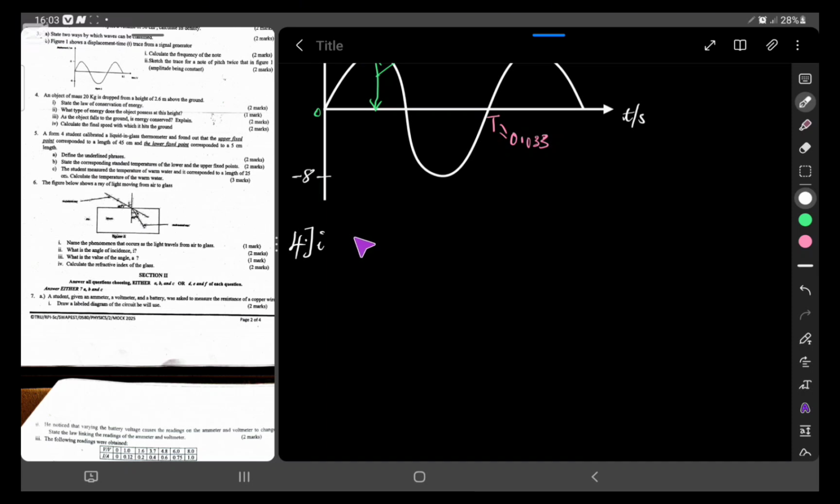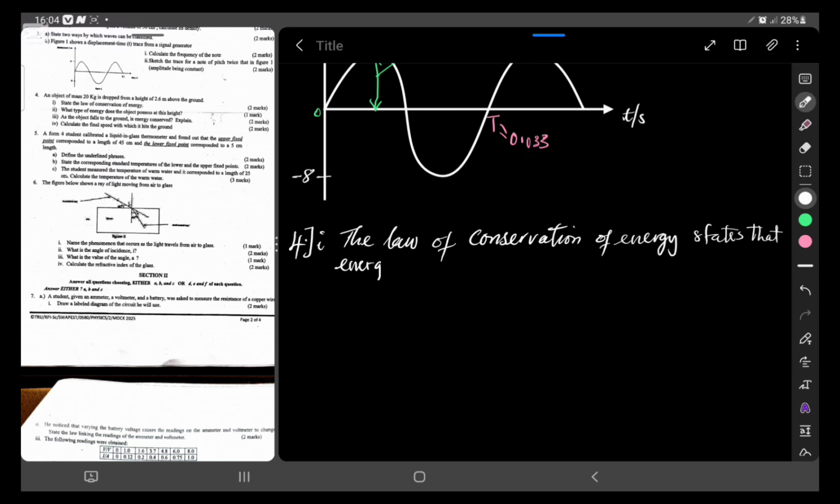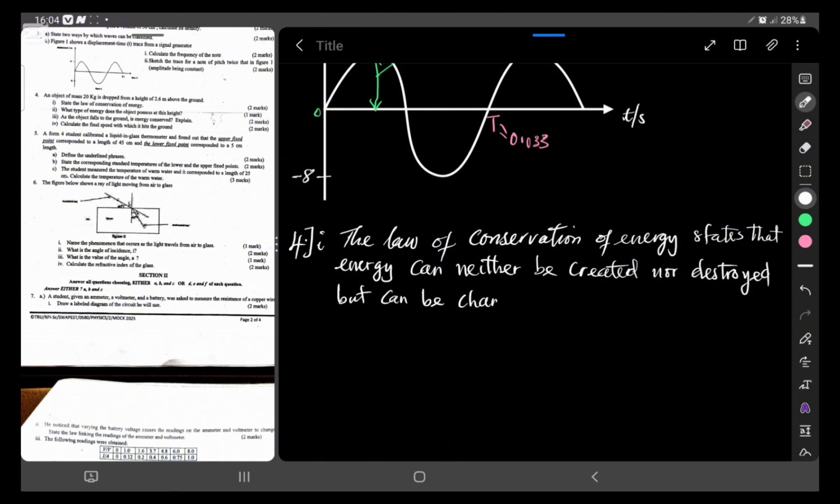Writing this down, we see the law of conservation of energy states that energy can neither be created nor destroyed, but can be changed from one form to another. Take note, to change energy from one form to another, we need devices called transducers.